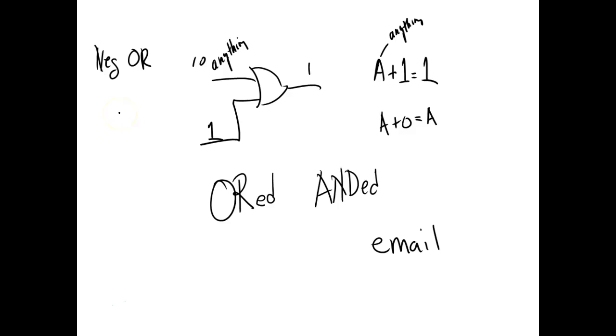An equal sign with a line through it means not equal, right?